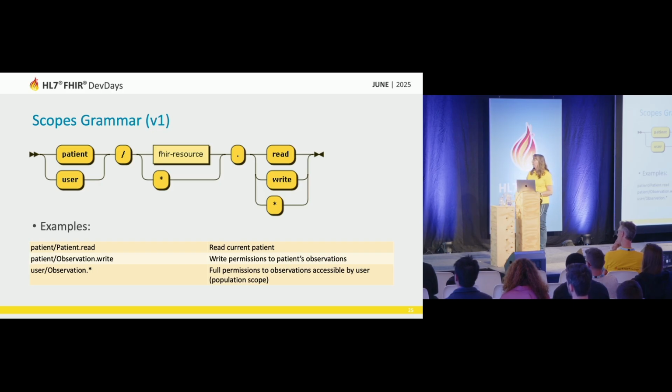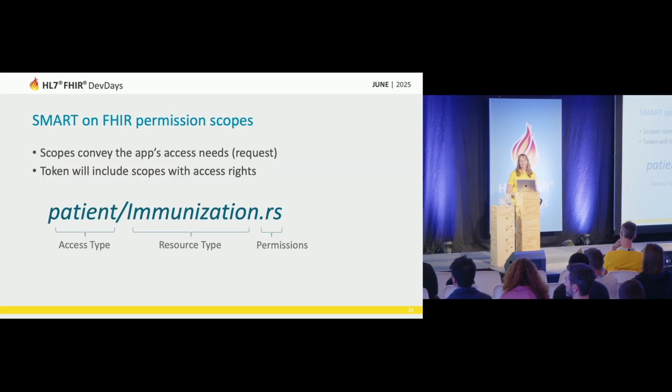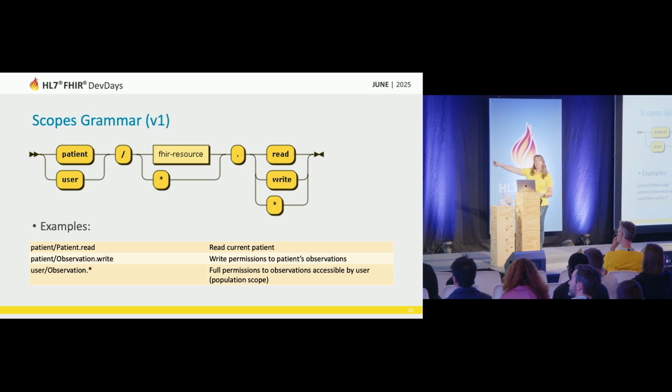Smart on FHIR version 1 had the first part, that access type, set to patient and user. Then any FHIR resource type can be used, or a star for all FHIR resource types. The dot, then the permission would be read, write, and star.